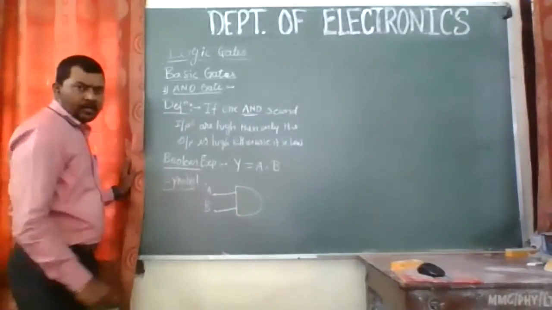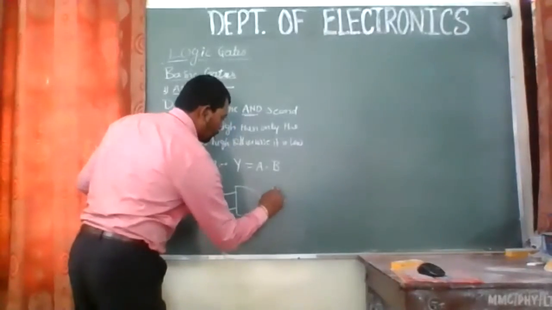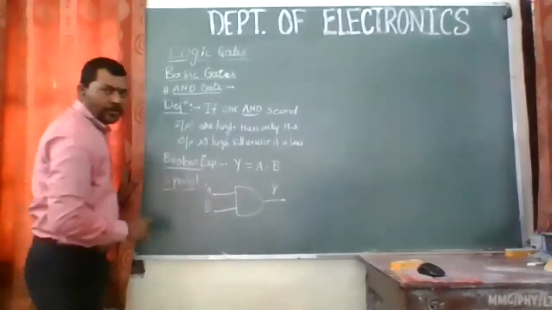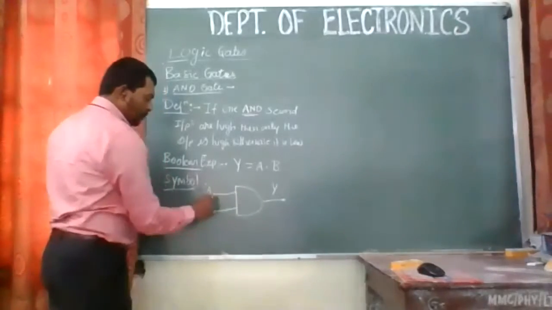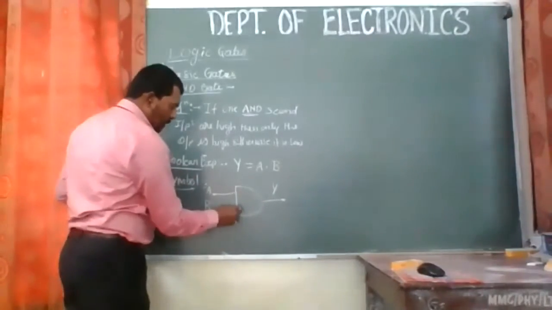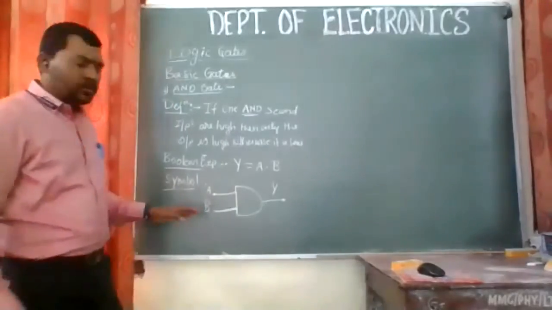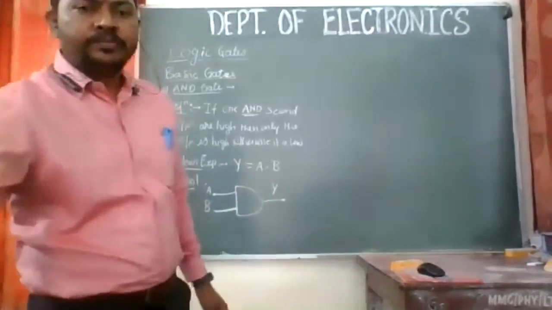A and B are the two inputs, and we will have one output from here, which we call Y. So we'll have a D like this, where A and B are the inputs and Y is the output. So we have two inputs and one output, right?